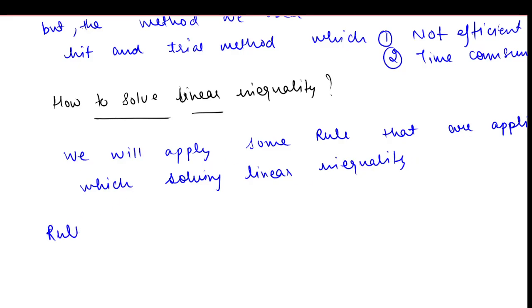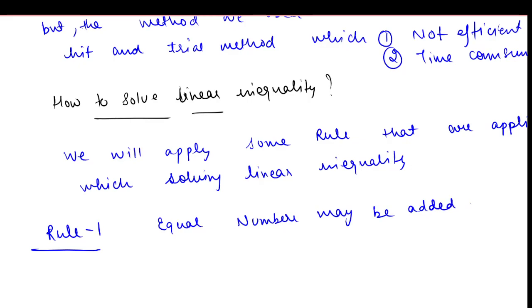Rule number 1 is equal numbers may be added or subtracted to both sides of an inequality.